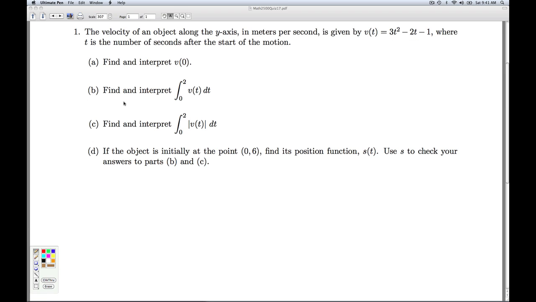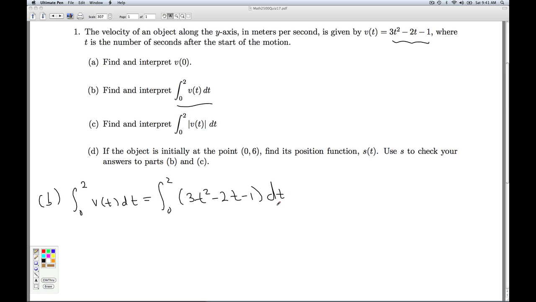For part B now, we're asked to find and interpret this definite integral. So the integral from 0 to 2, v of t dt, is the integral from 0 to 2 of that function, 3t squared minus 2t minus 1 dt. So we go back, and instead of using the limit process, we can use the fundamental theorem of calculus.